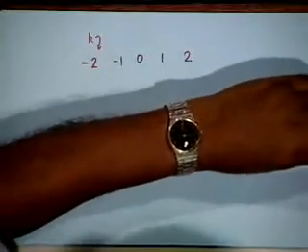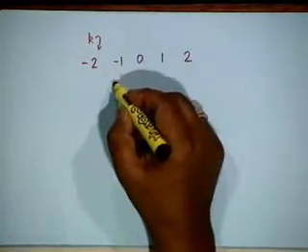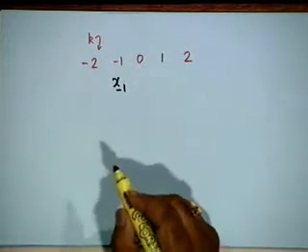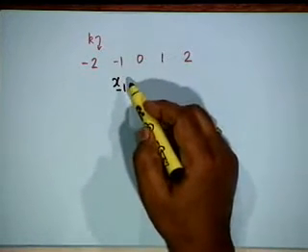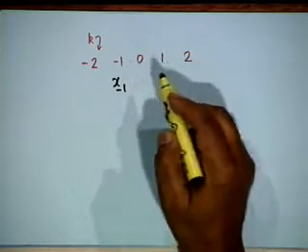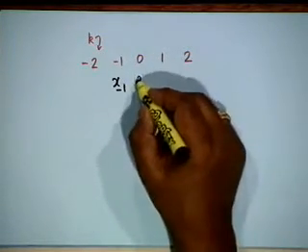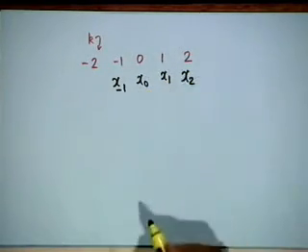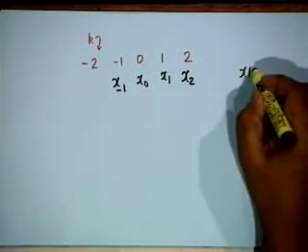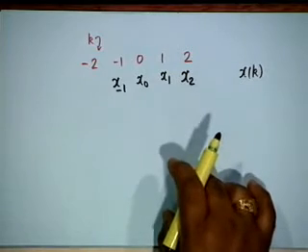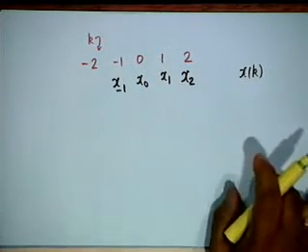There is a signal at, let me use a different color, the x signal. I will put the subscript where it occurs. Instead of x of n, I am writing x subscript n to conserve space. This is x0, x1, x2. Suppose this is my x of n, x of k now. Inside the summation I have x of k, h of n minus k.